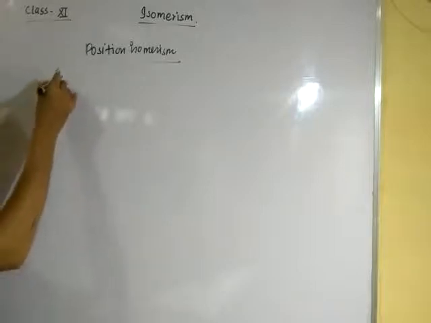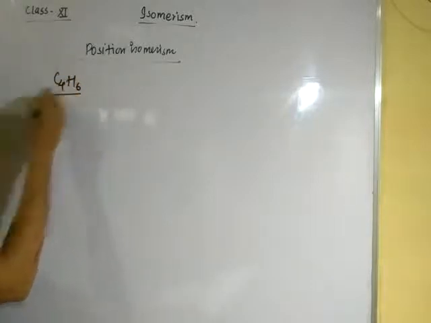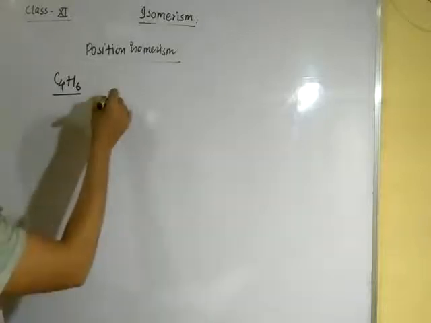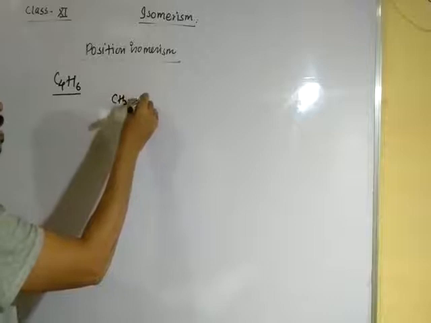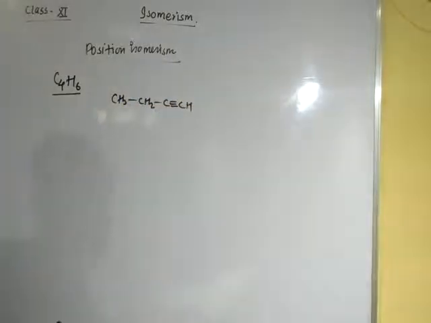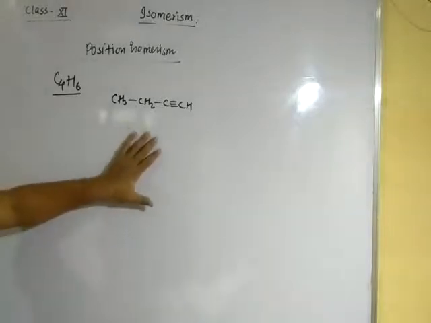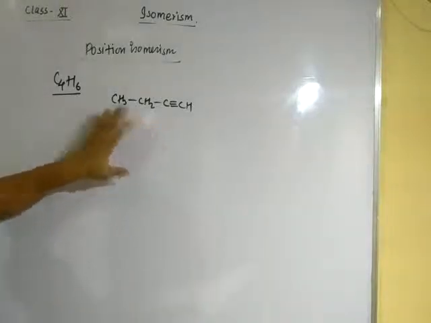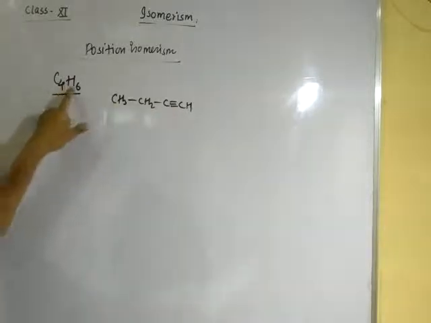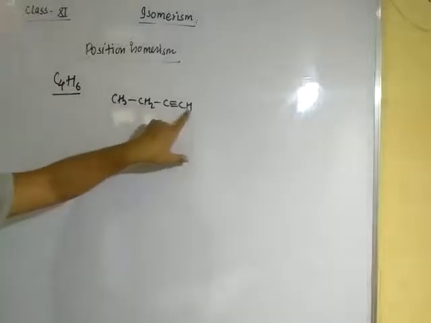Now we have C4H6, a compound of the alkyne family, named butyne. Here it is CH3, CH2, C triple bond CH, and you can calculate the number of hydrogen and carbon atoms: 4 carbon atoms and 6 hydrogen atoms.